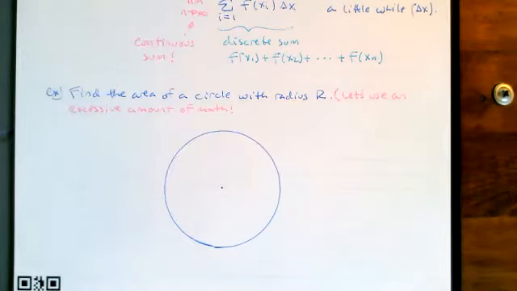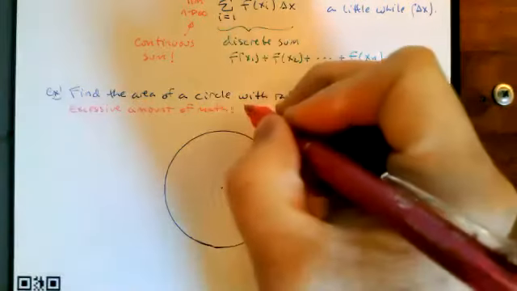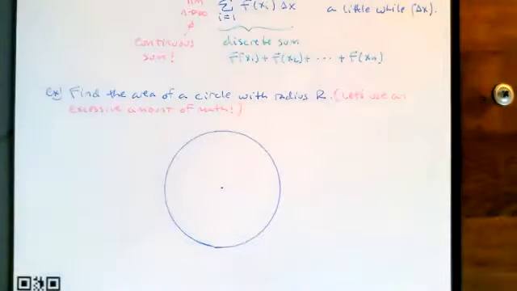So we want to use an excessive amount of math. The point is not pi r squared. The point is arriving at pi r squared and seeing that when we want to calculate area, the only area we need is length times width.